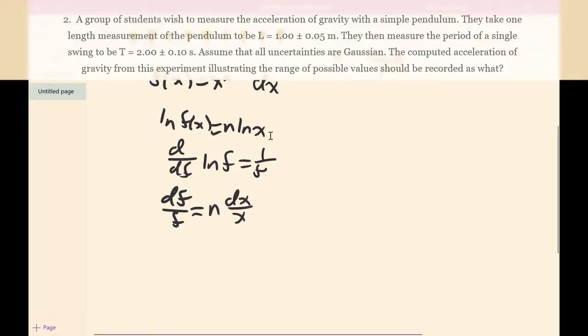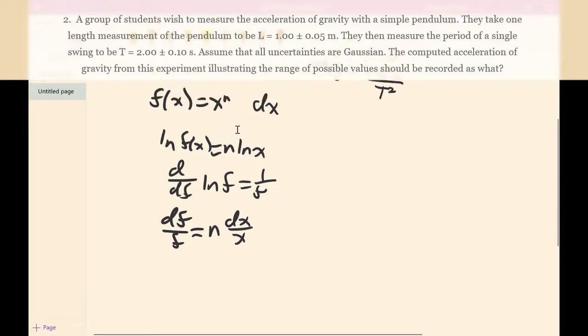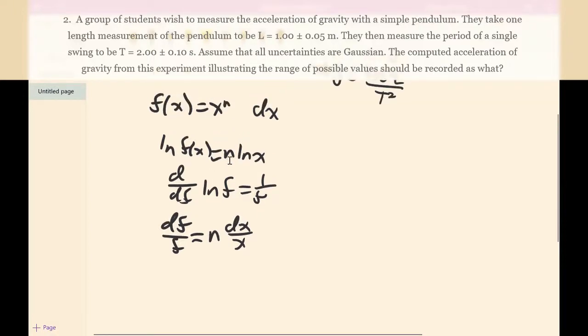Since dx is the uncertainty, this dx over x is what we call the relative uncertainty, and this allows us to compute the relative uncertainty of the function f. In this case, we have 1 over T squared, so n is just 2 instead of -2, because they're basically the same anyway.